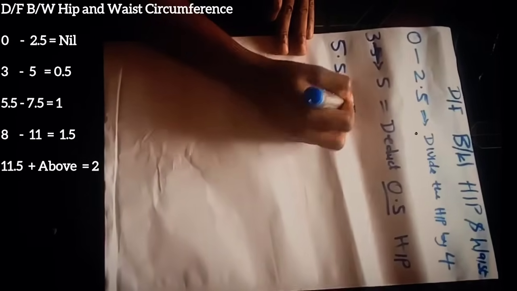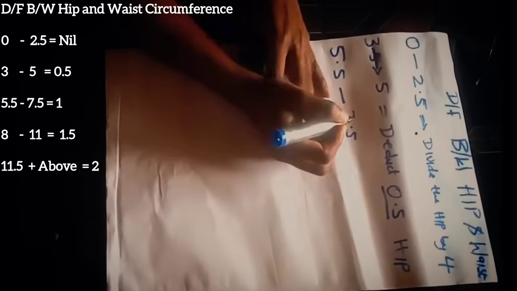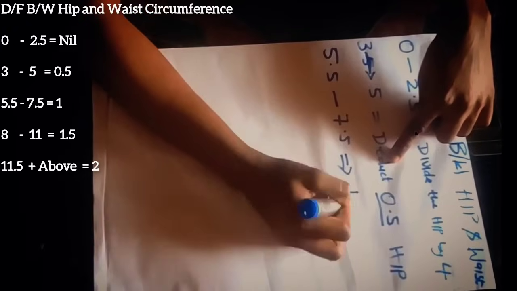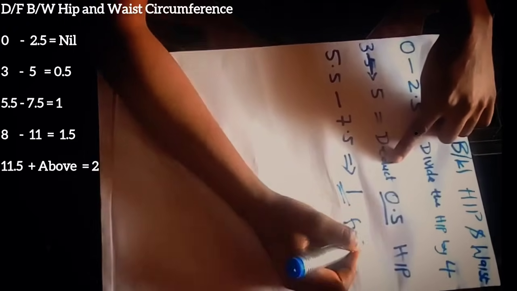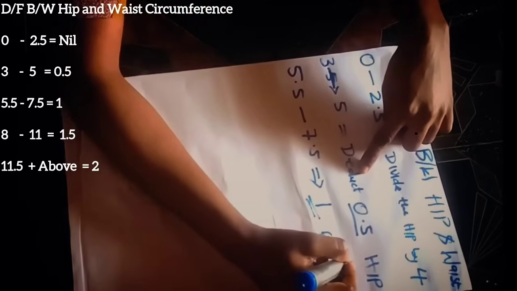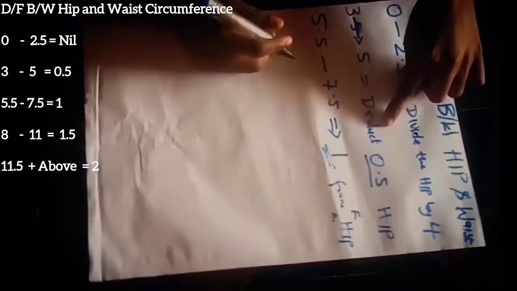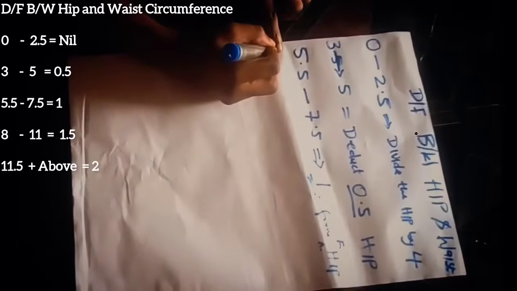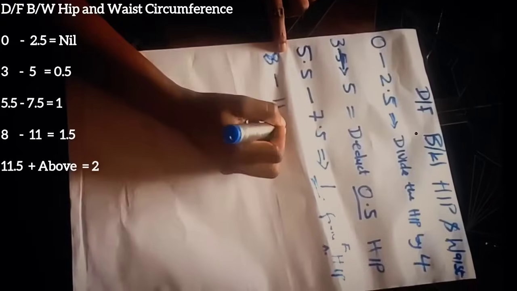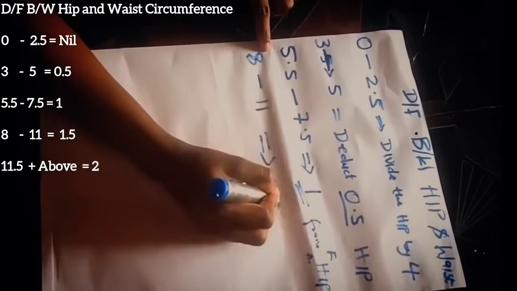So if the difference between the hip and the waist of your client is between 5.5 to 7.5, you are going to deduct 1 inch from the front hip and add it to the back hip.